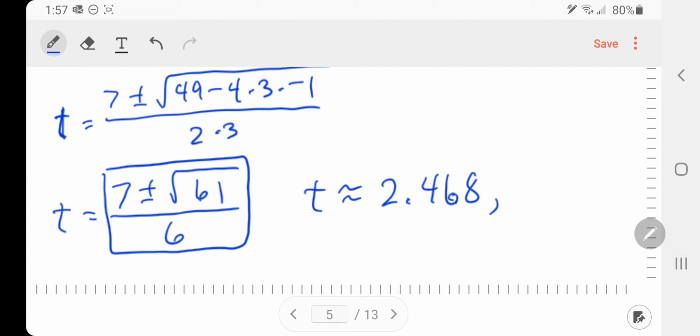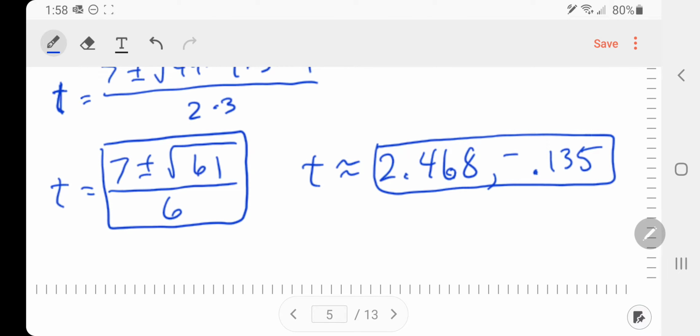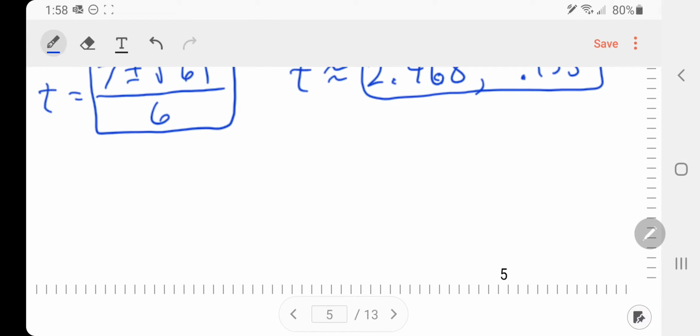Or if I do the minus, negative 0.135. And those are rounded correctly to 3 decimal places.